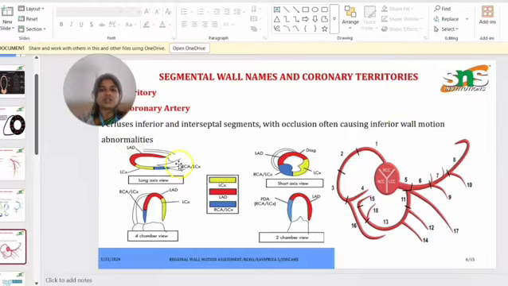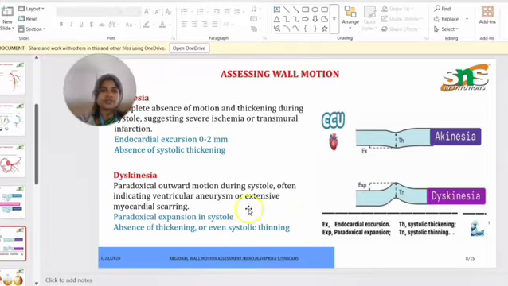This is red for LAD, yellow for LCX, blue for RCA. Here the RCA is a single major artery supplying blood to the inferior portion of the heart. This is the 2 chamber window, one is the anterior part and another one is the RCA inferior part.